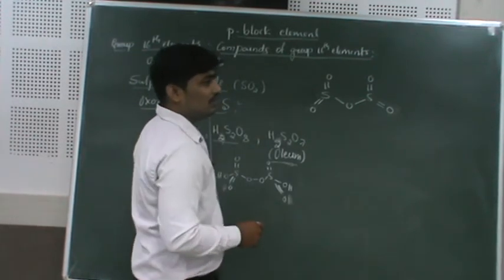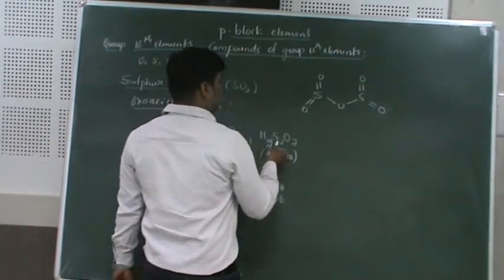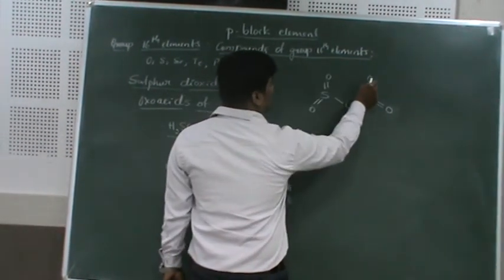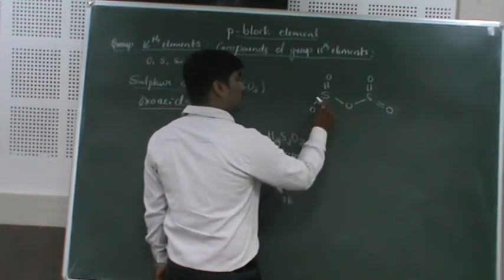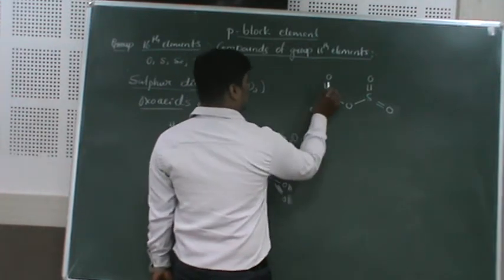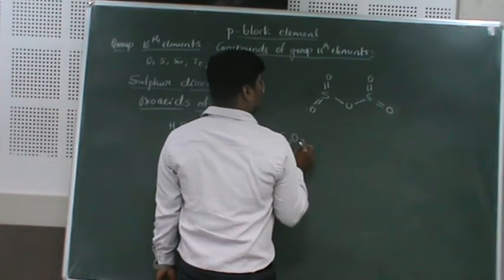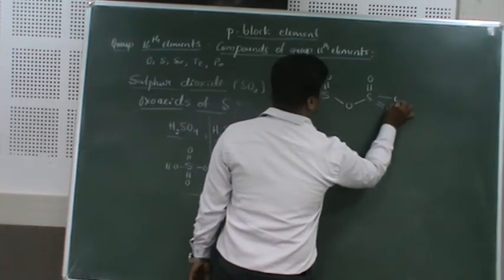There may be a possibility of a 1 mark question on this structure. Oleum: sulfur oxygen double bond. In both cases, S2, 2 sulfurs are there, and how many oxygens? 7 oxygens. 1, 2, 3, 4, 5. Correct. So there are again 2, with the hydrogen as OH.